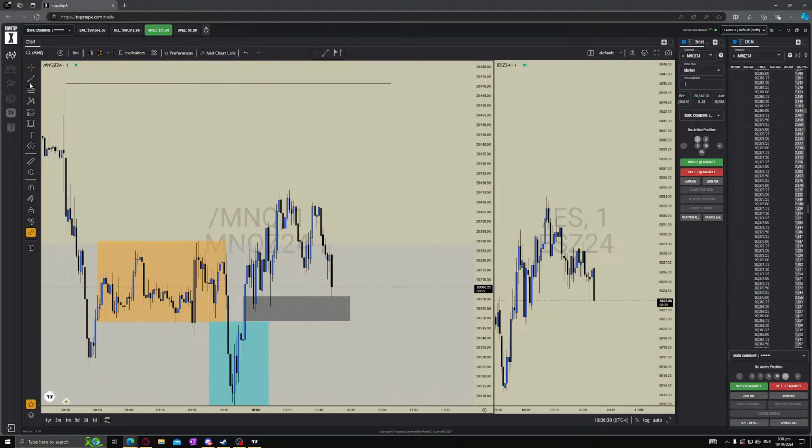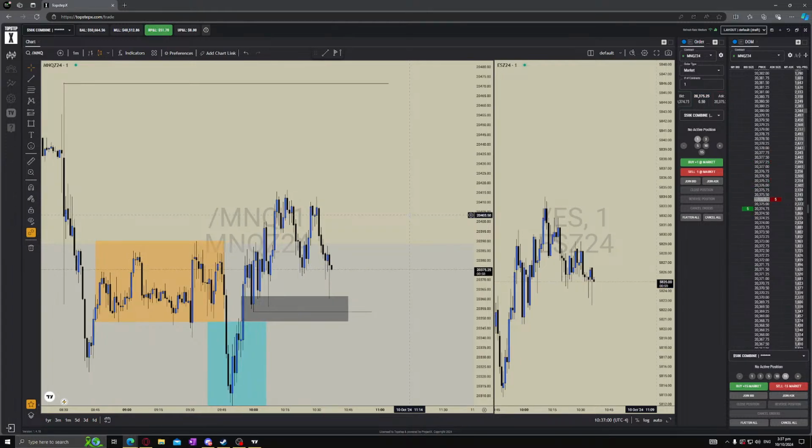This is a low I was interested in earlier today. I'm just not interested in shorts just because we don't get any speed. We fall a bit and then we just come back up. If we take out that low and we start going up, then I'll be interested in getting in. For now, if he wants to go up, just go. It's fine.